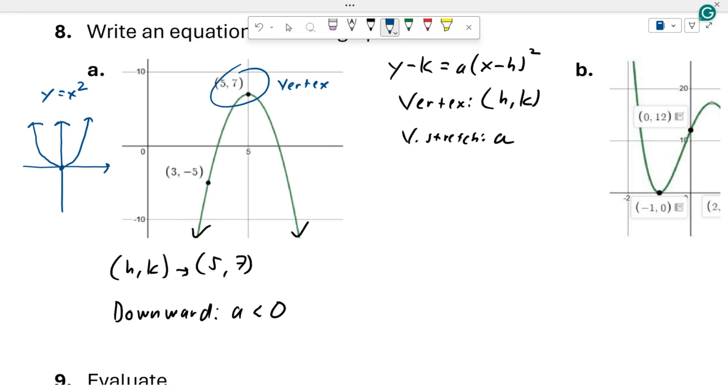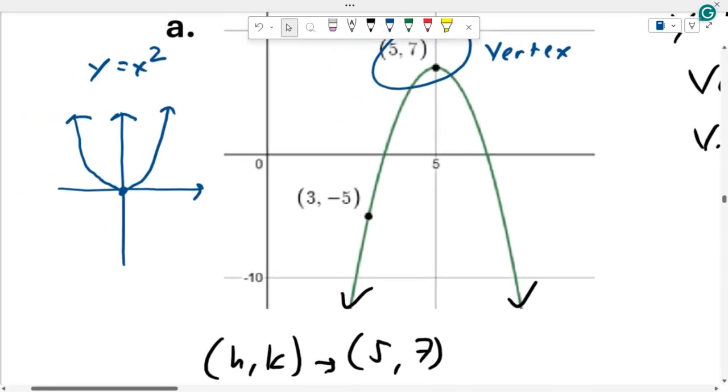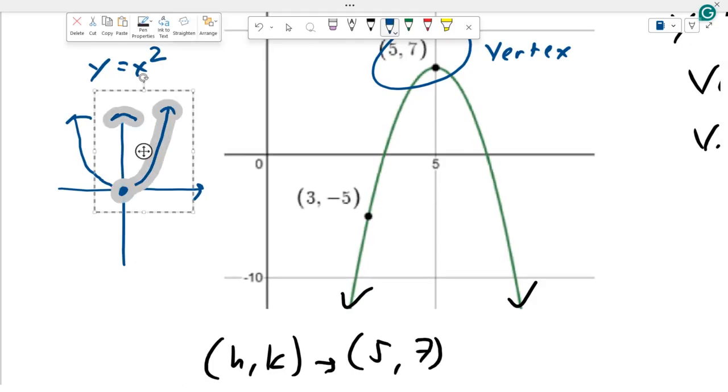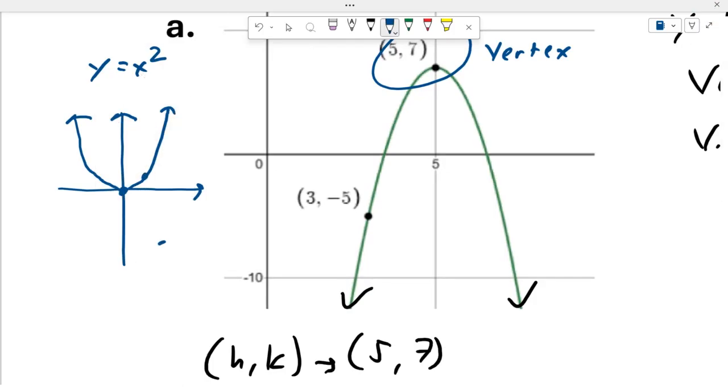From the vertex, which in this case would be (0, 0), if you go to the right 1 unit, the y value is going to be 1. So (1, 1) would be on the parent function. If you go over another unit, you're at 2, and if you go up, you're going to be at 4.